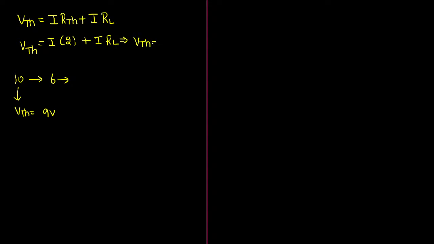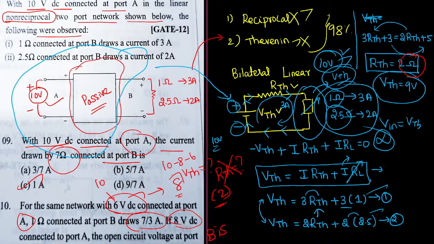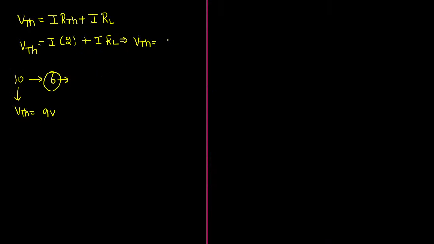Thevenin voltage equals, when they connect the 6 volts, they have given some data. Go back to the circuit. The current drawn by the circuit is 7 by 3 ampere and the value of the load resistance is 1 ohm. So the current 7 by 3 ampere into 2 ohm plus 7 by 3 ampere into 1 ohm.